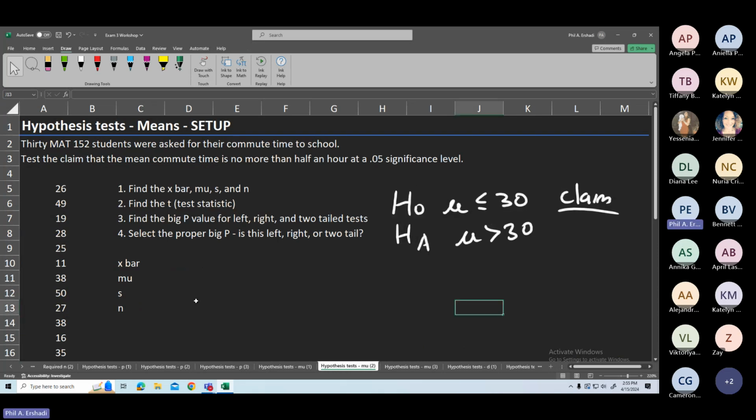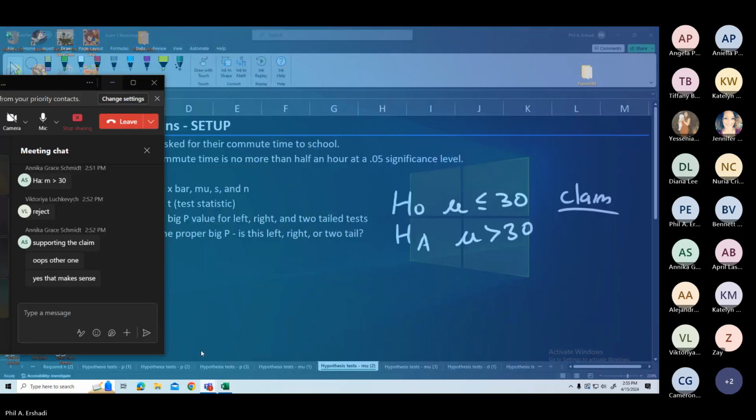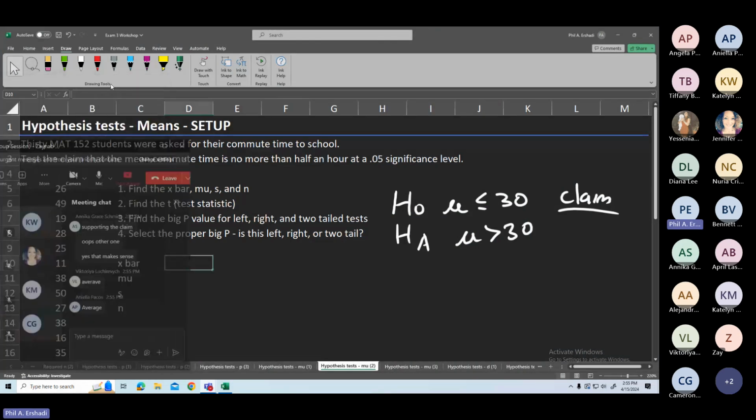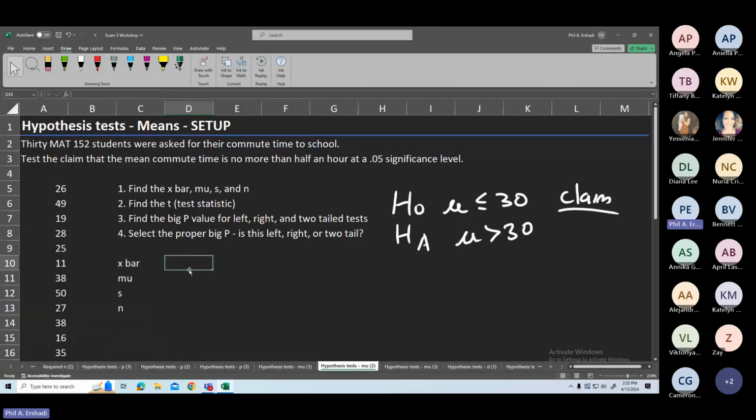Drag that over. All right, so if I have a list of data, how do I find x bar? Average, very good. So I'm going to go equals average of the list.